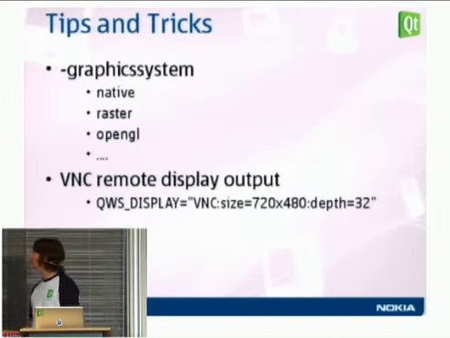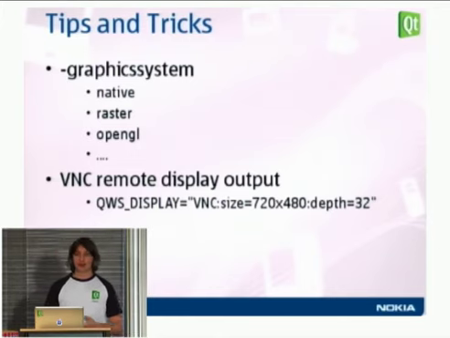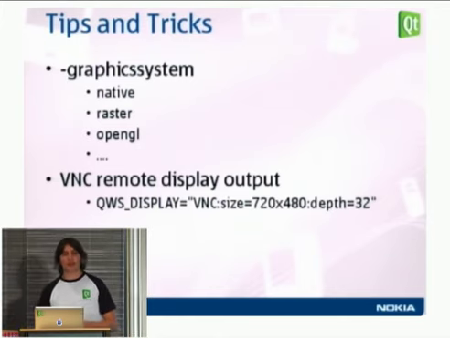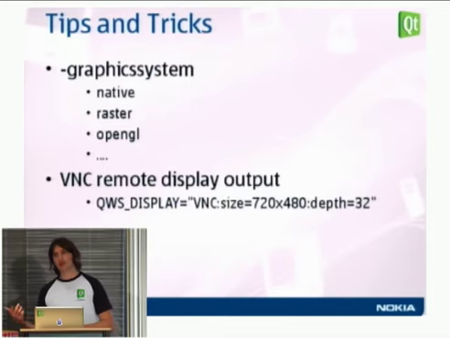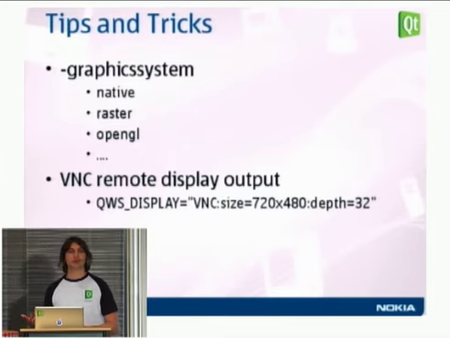So at the end, some tips and tricks for running on the target. In order to test your graphic output, you can pass into every Qt application the command line option -graphicssystem, and then you can choose which graphic system the Qt Painter should use.